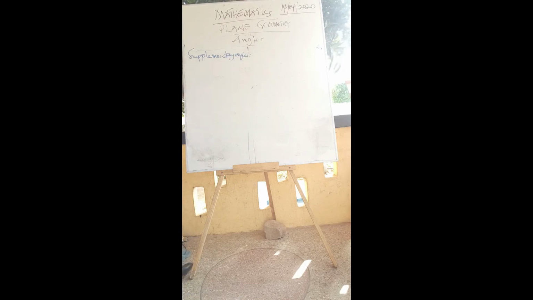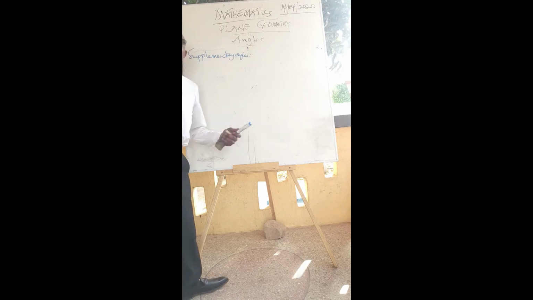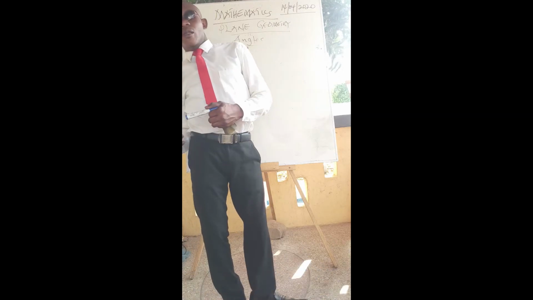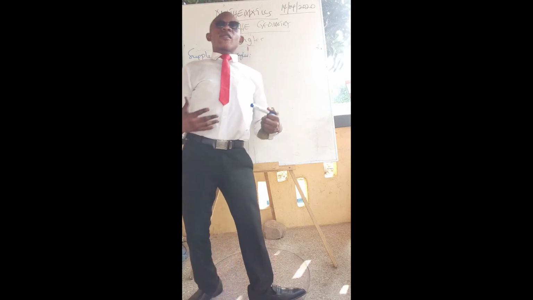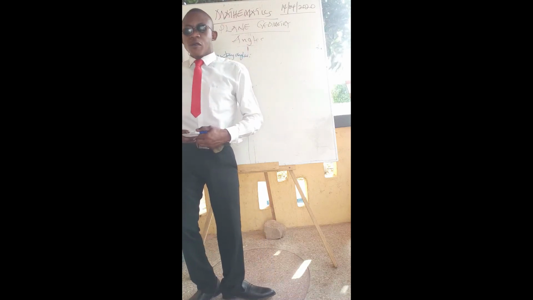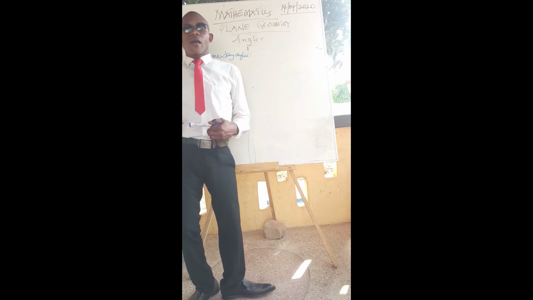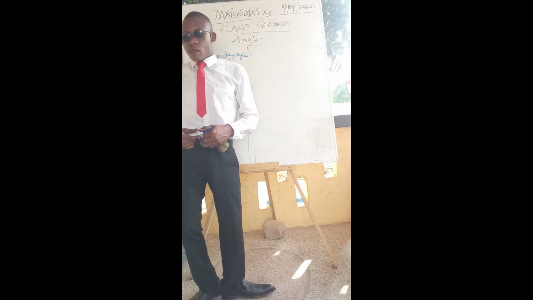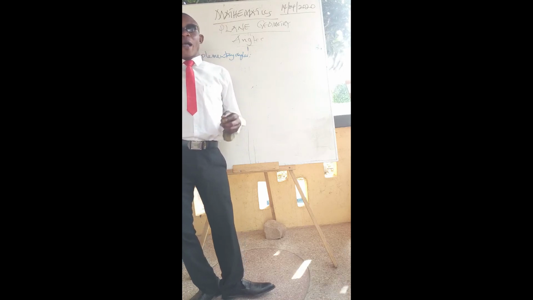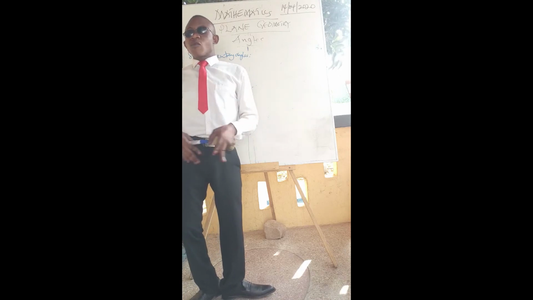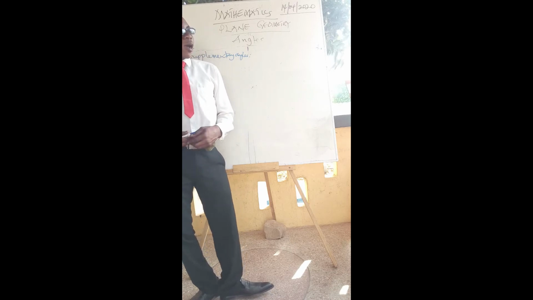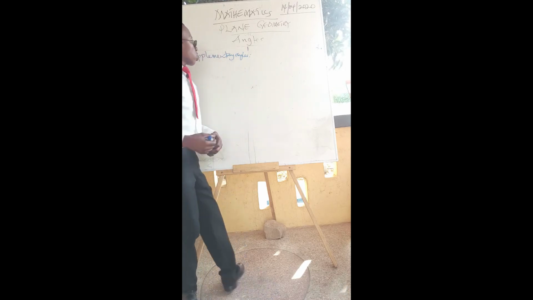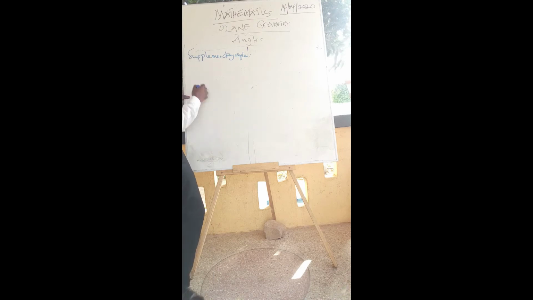Supplementary angles are two or more angles that sum to 180 degrees, or where two or more angles form an angle on a straight line, because an angle on a straight line is 180 degrees. So when we have something like this, this is your angle on a straight line. We have a point here.